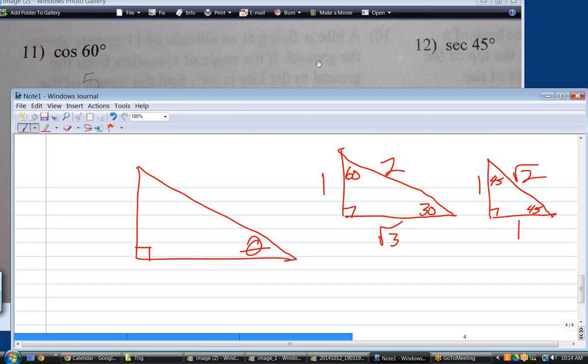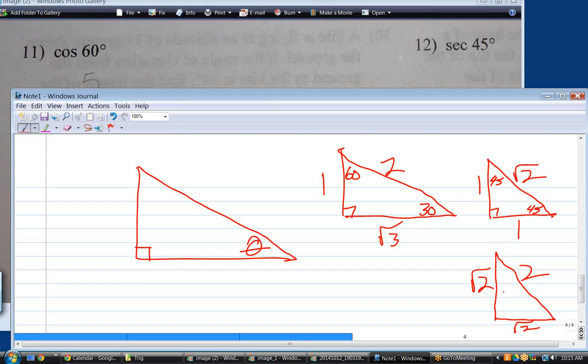Now, I don't know if I mentioned this to you, but they may actually give you this triangle. Same triangle, the 45-45 triangle, and the only thing they've done is multiplied each side by square root of 2.